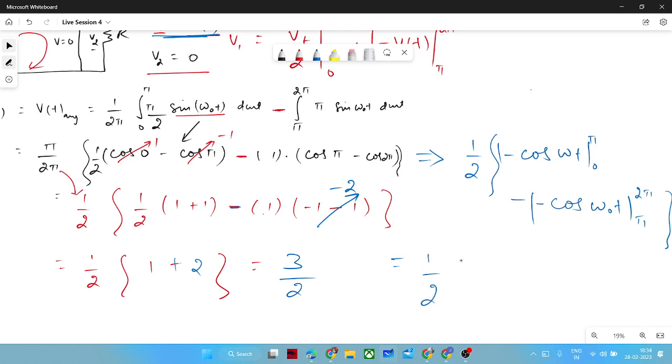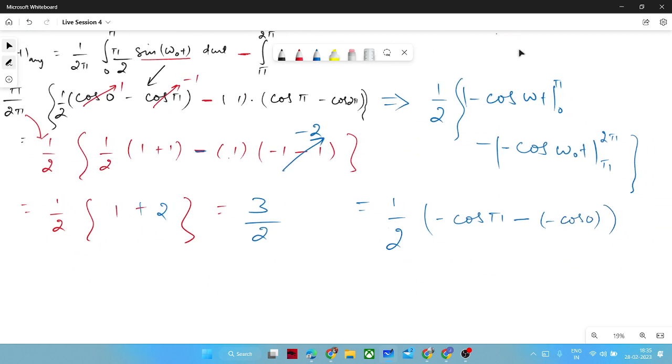Half into minus cos pi, and again minus cos 2 pi, minus cos pi this time.